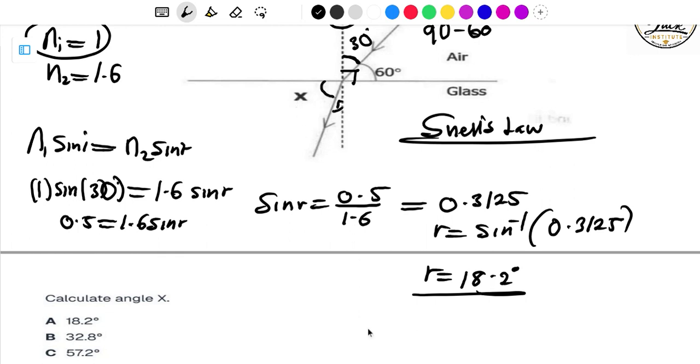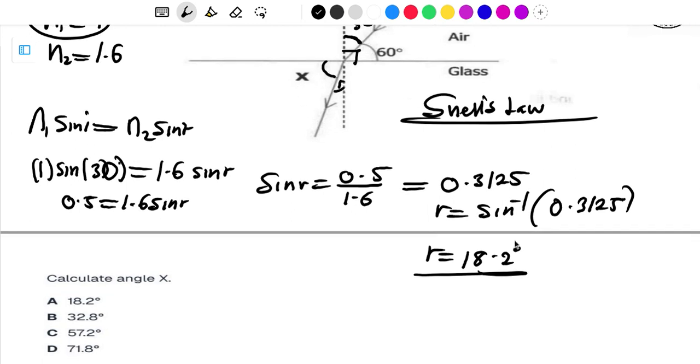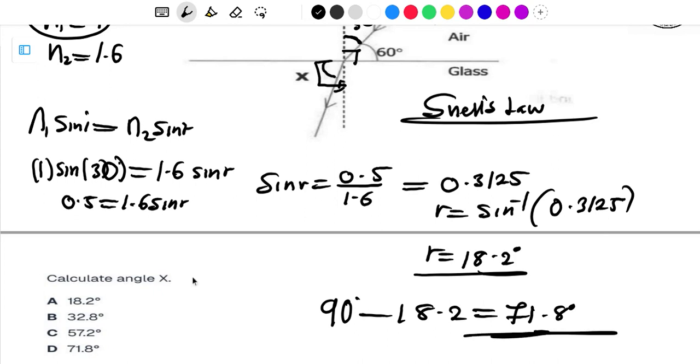To find the value of x, we have to subtract this answer from 90, because we know that this entire angle here is a 90-degree angle. So 90 minus 18.2 is going to give us 71.8 degrees. So this is going to be our final answer, which is D.